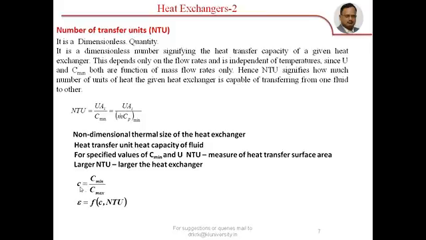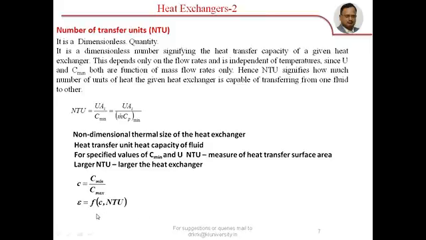And we define in this case the heat capacity ratio C is equal to C minimum by C max. Now it is established that the effectiveness of a heat exchanger fairly depends on the heat capacity ratio and number of transfer units. That is the logic.